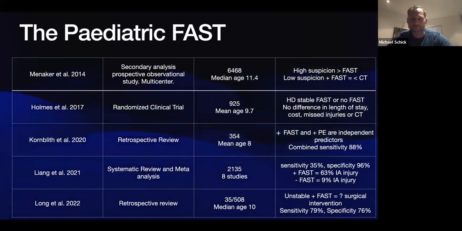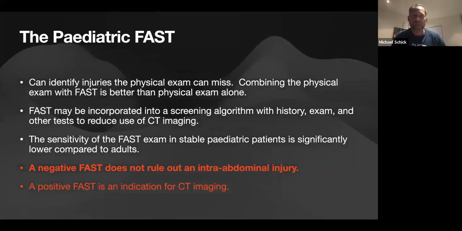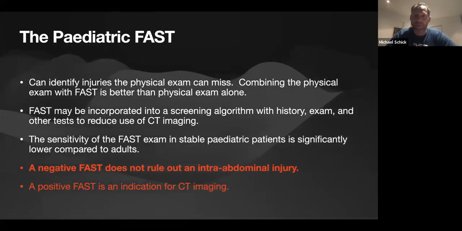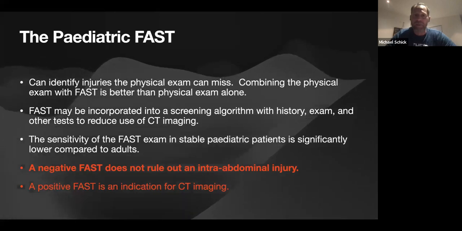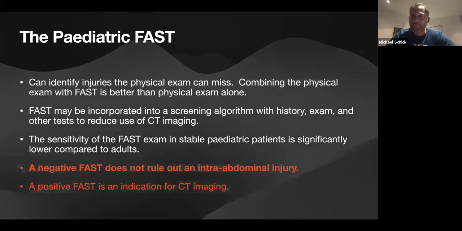So I want to summarize all this once more, because I know that's a lot of information to throw at you. So the pediatric FAST exam, to summarize, it can identify injuries the physical exam can miss, so it can be important. Combining your physical exam with the FAST is better than physical exam alone.